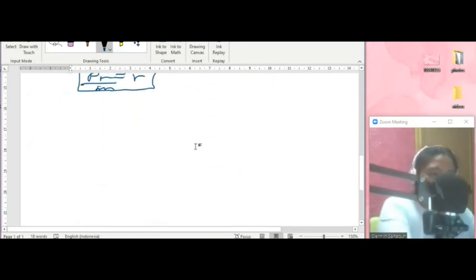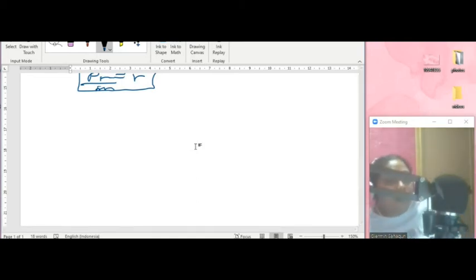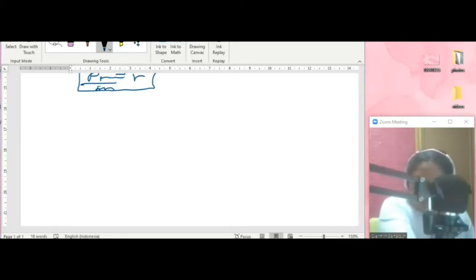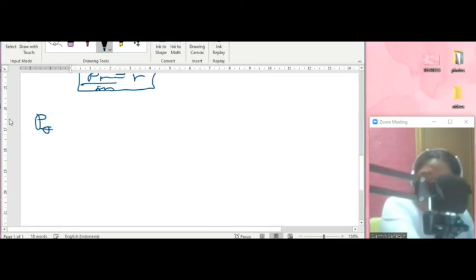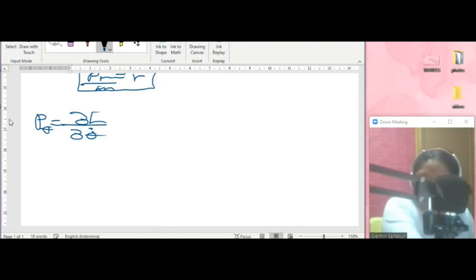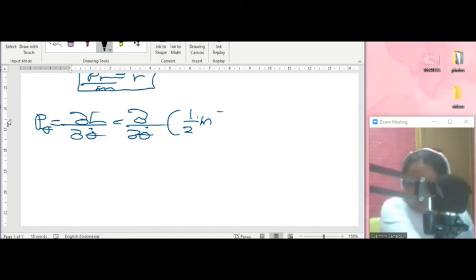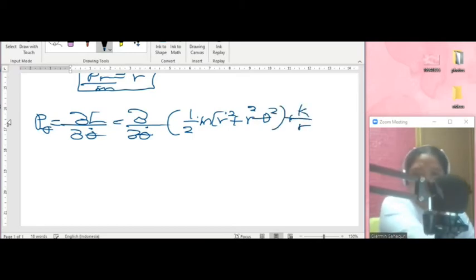So the expression for the polar coordinate of the particle, P theta equals partial L over partial theta dot of 1/2 m (r dot squared plus r squared theta dot squared) plus k over r.